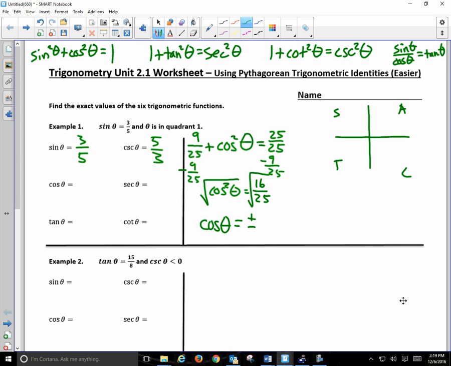Square root of 16 is 4, and square root of 25 is 5. Now, we already determined whether cosine should be positive or negative. Which one was it? Positive, because it's in the first quadrant. So I have 4 over 5. What other value do I know now? Secant is 5 over 4.